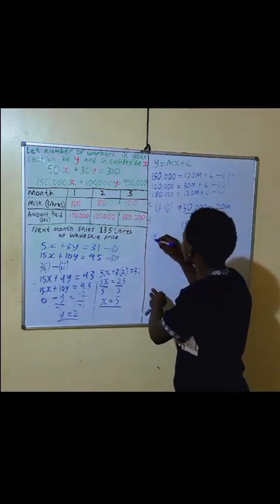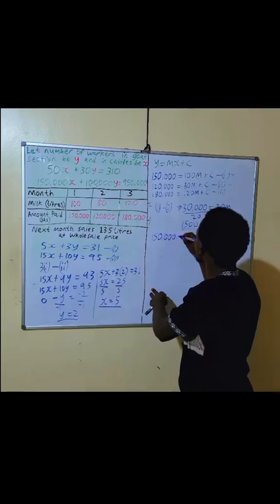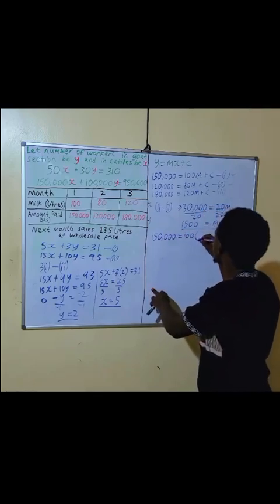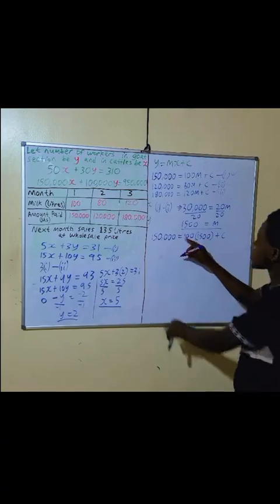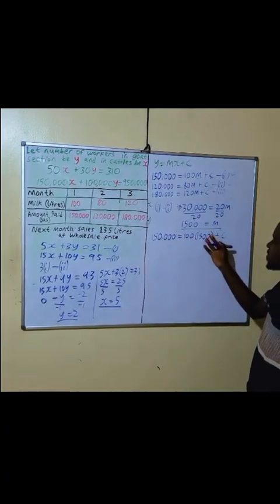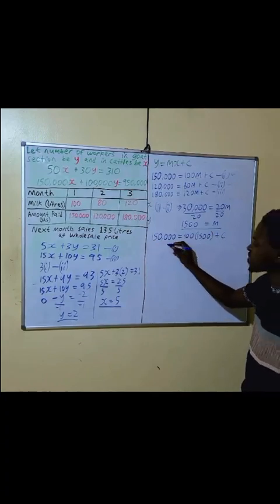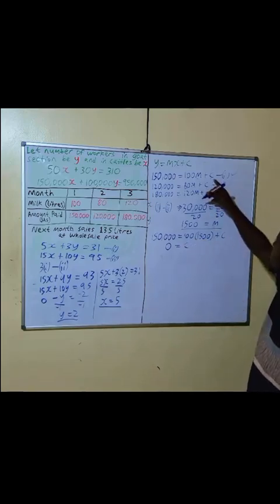I get 150,000 equals 100 times m, which is 1,500, plus c. This one here is 150,000, which means if this constant crosses the border, I'm going to get 0 equals c. So which means my constant c is 0.